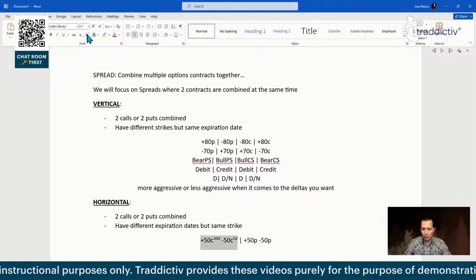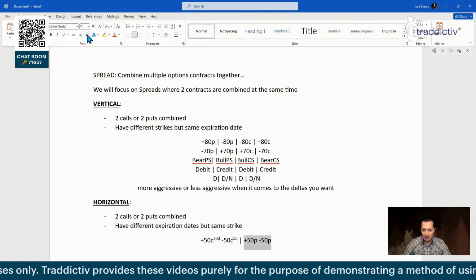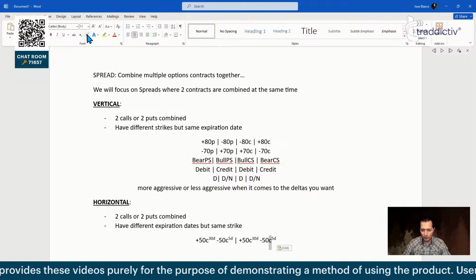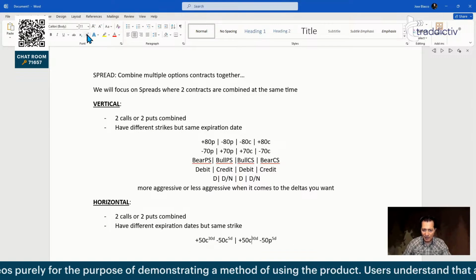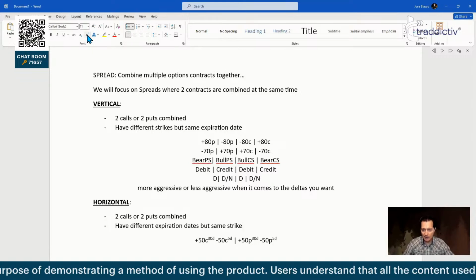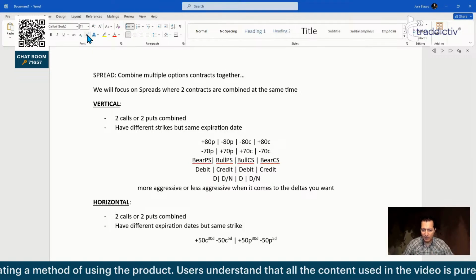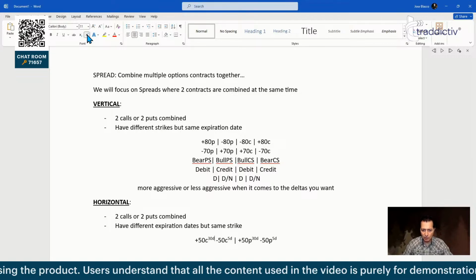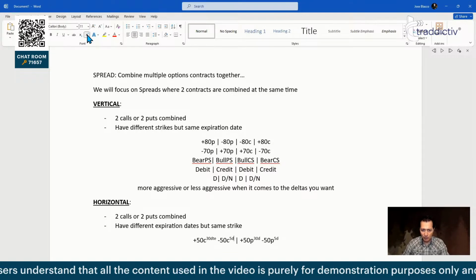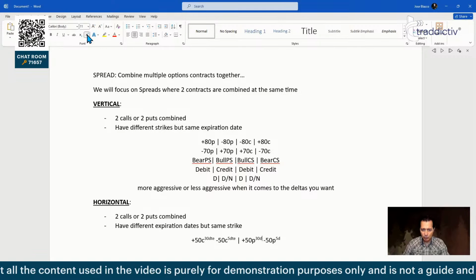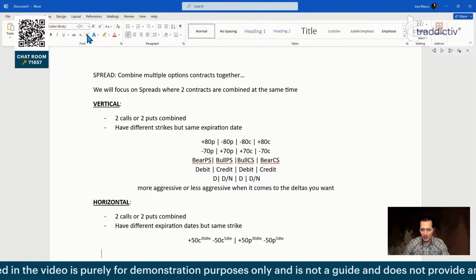Or same on the put side, where you buy the 50 put and you sell the 50 put, and again, you're using a different number of days to expiration, just to use a bit more proper terminology, days to expiration, DTE.